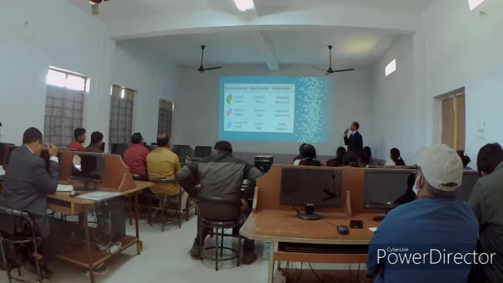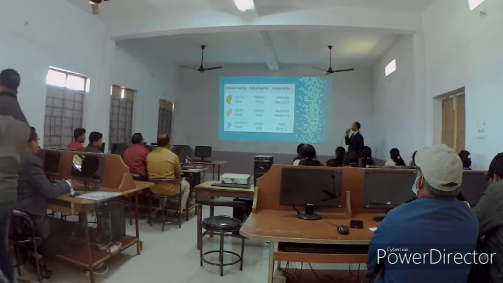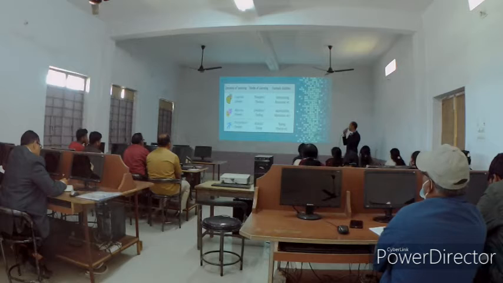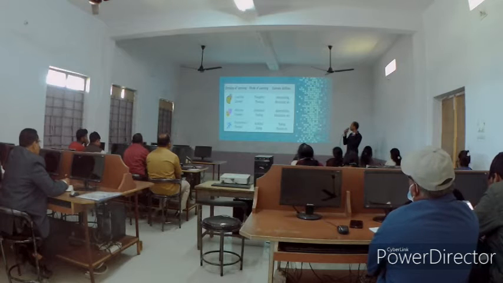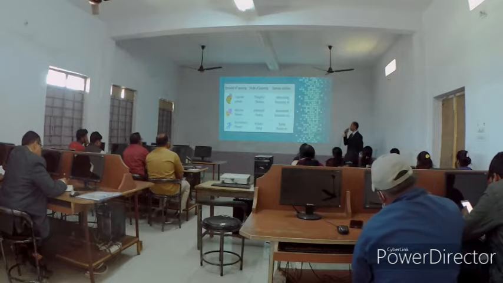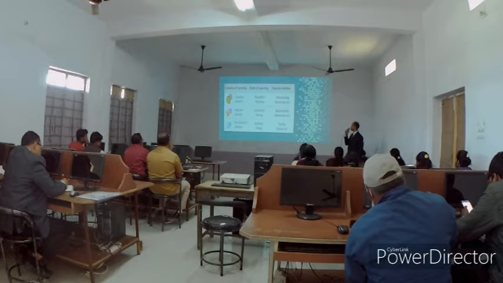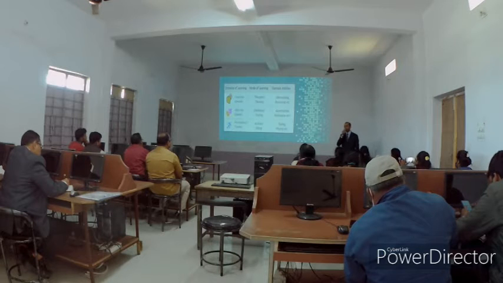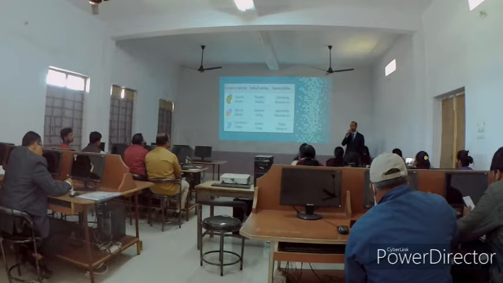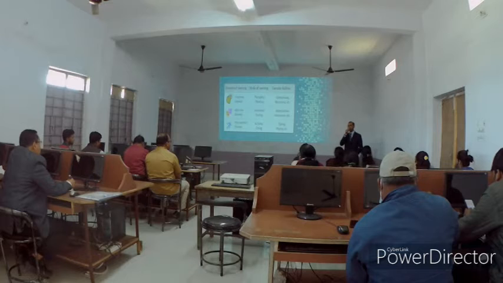So here domains of learning is a pictorial description. In the cognitive domain, what happens? We have thoughts, thinking, for example memorizing, reasoning. In the affective domain, as we told, emotions, feelings, appreciation, motivation. So we need to reinforce the child. There are two types of reinforcement. One is positive, another is negative.